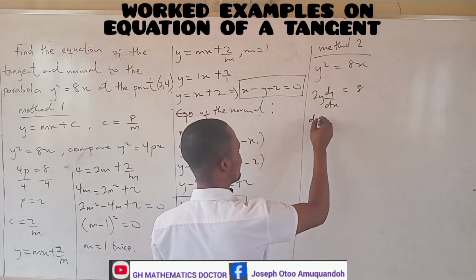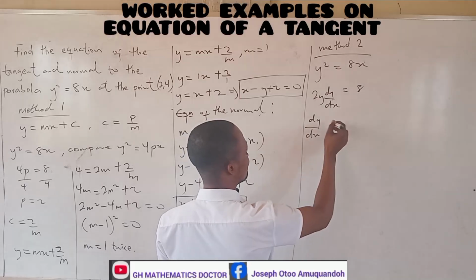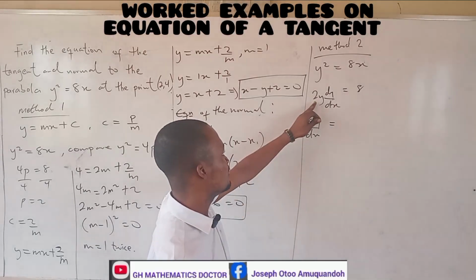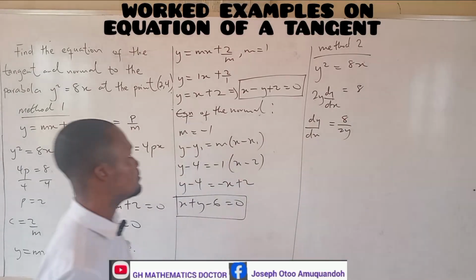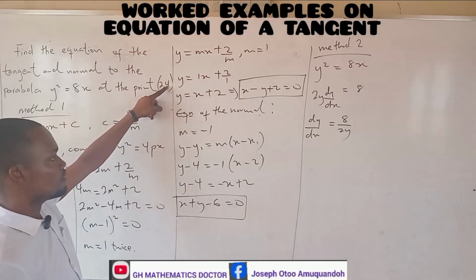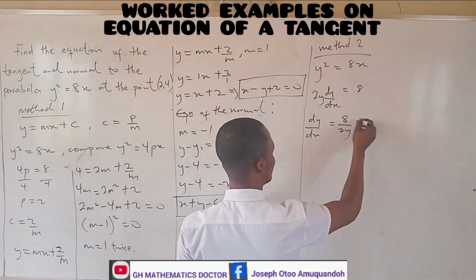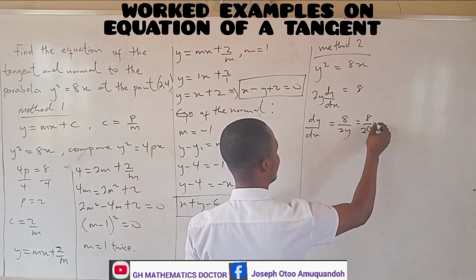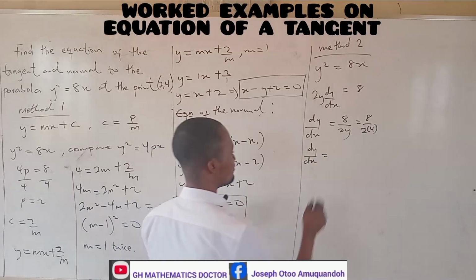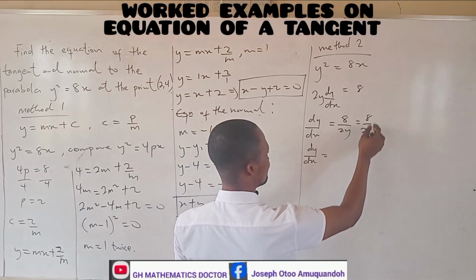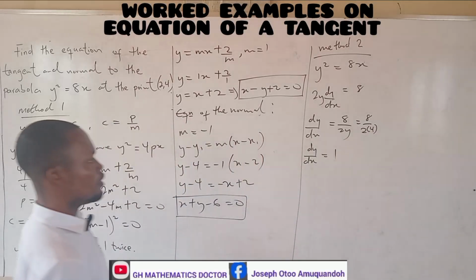Now we have to make dy/dx the subject and divide through by 2y. So you're going to have 8 over 2y. Then you're going to substitute 4 in place of the y, and this will give you 8 over 2 times 4. So dy/dx is going to be 8 over 8, which is 1.